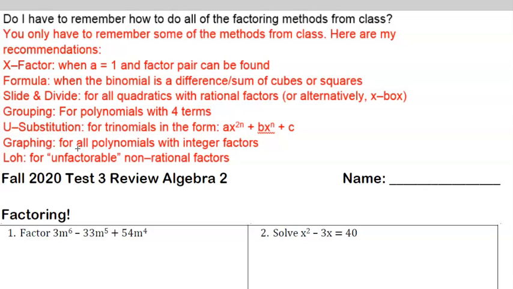And then use graphing for any polynomial with an integer factor, or if you're able to easily convert the decimal to a fraction. And then the quadratic formula would be used for unfactorable non-rational factors.